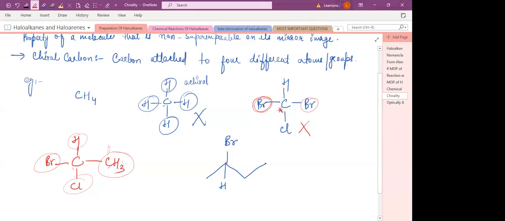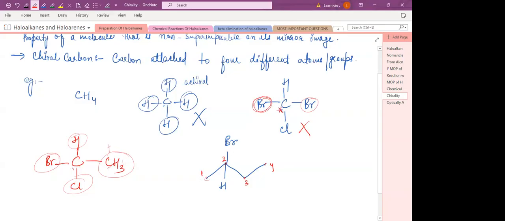In this molecule, you can see you have 1 carbon, 2 carbon, 3 carbon, and 4 carbon. 4 carbons are there, and you have to check which carbon is chiral. We will start by giving the numbers 1, 2, 3, and 4. If you see over here, this carbon has 3 hydrogens. This is methyl CH3. So this is not a chiral carbon.